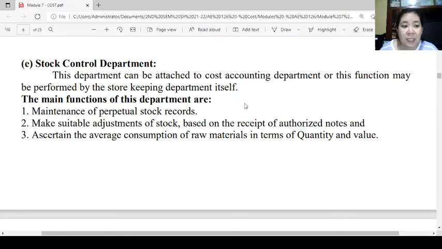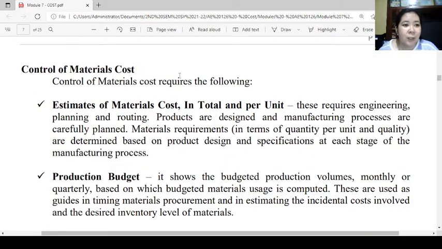So in this case, aside from working with the storeroom, it's also a function of the cost accounting department, because here they will actually ascertain the consumption. This is through the use of the cost accounting reports to identify these items for materials cost.